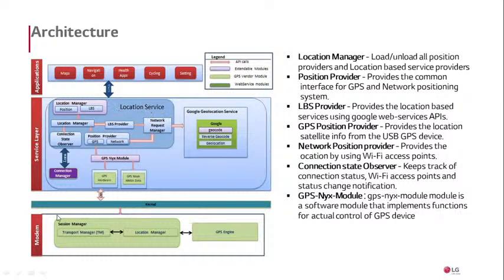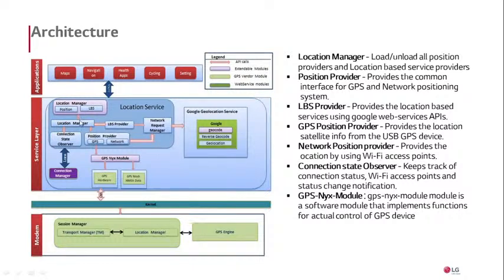And the third part is the modem, which is the kernel, the hardware-related part, where the GPS engine and all can be handled through the USB interface of the GPS hardware. Now, the location service in the service layer, as we explained earlier, includes majorly two parts: position and the LBS.